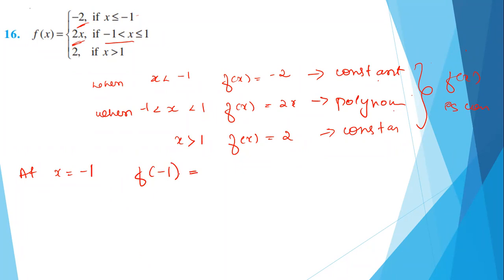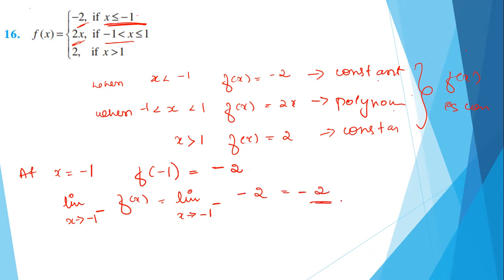So what will be f of -1? That is nothing but -2. And what will be the left hand limit, x tending to -1 minus of f of x? That means less than -1, so that is nothing but -2.